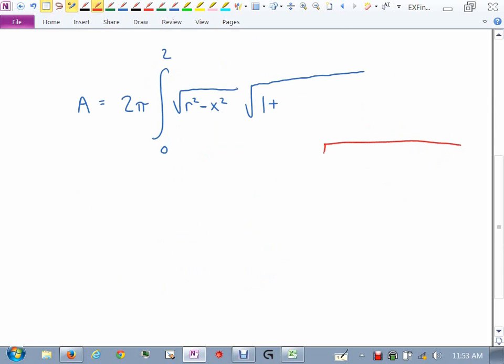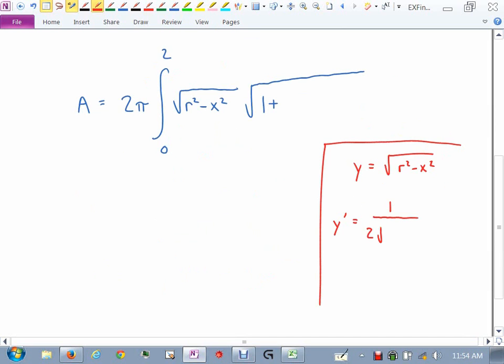What is, if we have y equals the square root of r squared minus x squared, the derivative of this is, first the chain rule, 1 over 2 times the square root of r squared minus x squared, then times the derivative of the inside. Remember r is a constant, so the derivative of this would be what? Negative 2x. Okay with that? Derivative of the square root of something is 1 over 2 times that square root times derivative of what's inside. Now let me square this.